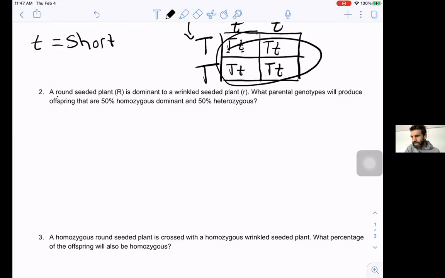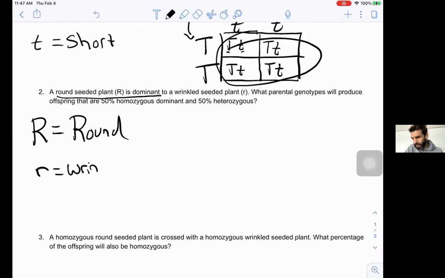A round seed plant is dominant to wrinkled. So right off the bat, let's write capital R is round and lowercase r is wrinkled. What parental genotypes will produce offspring that are 50% homozygous and 50% heterozygous?